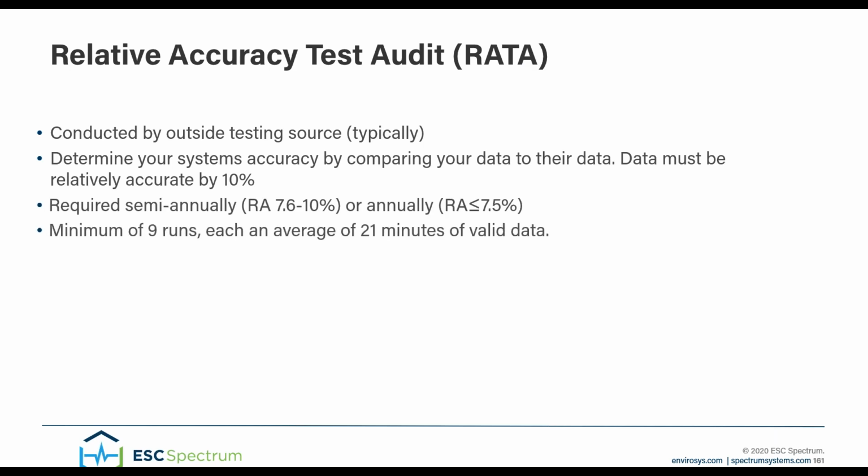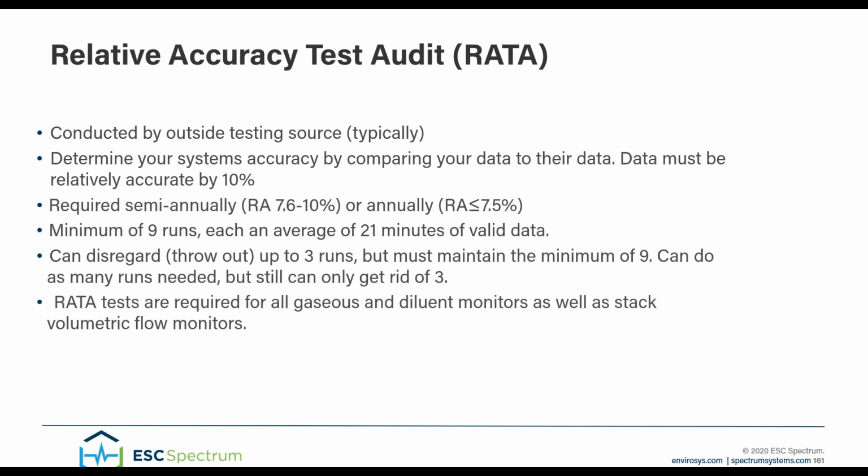And that's what the relative accuracy test audit means, is to determine your system's accuracy by comparing your data to the tester's data. And it must be relatively accurate by 10%. Now, RADAs are required semi-annually, which means every 6 months.